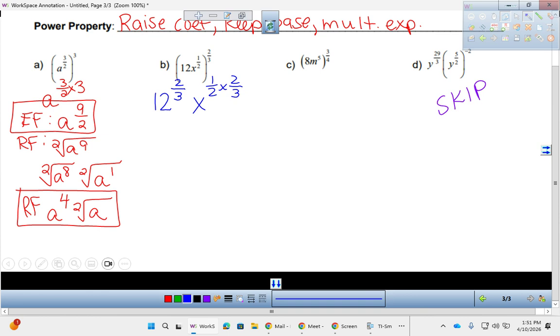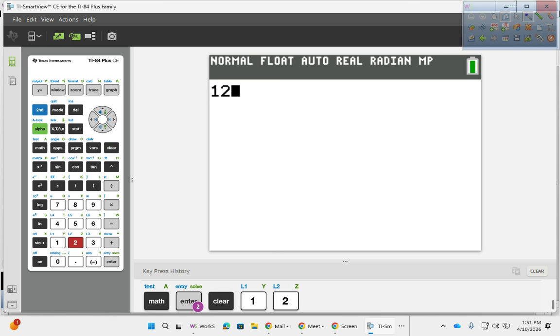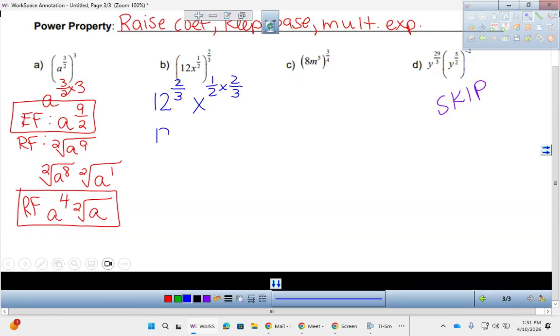I am gonna check this. With exponential form, we like to check this because if it's a whole number, I can change it. But with exponential form, if it's a decimal, I can just leave it as is. So it just depends on what I get. So it's 12 to the power of 2/3. It's a decimal. So I'm going to leave this as 12 to the power of 2/3.